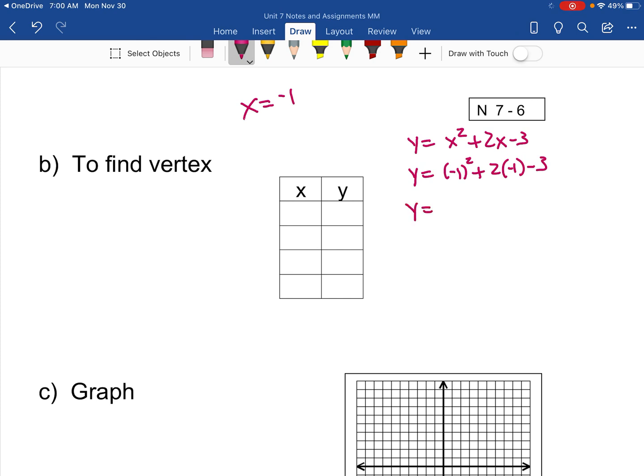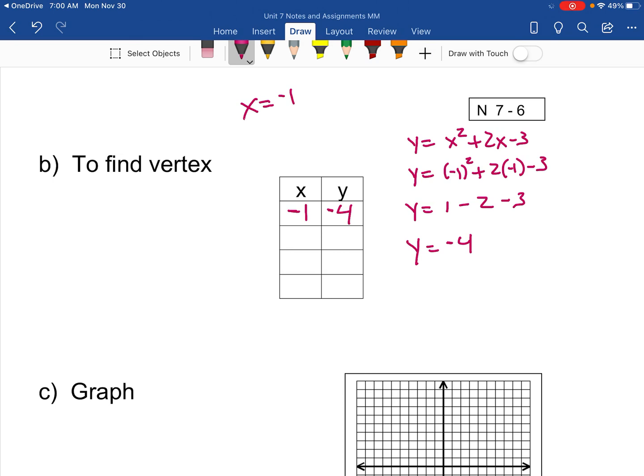Negative 1 squared is 1, plus 2 times negative 1 is negative 2, minus 3. So 1 minus 2 minus 3 is negative 4. So x is negative 1, y is negative 4. There is my vertex.